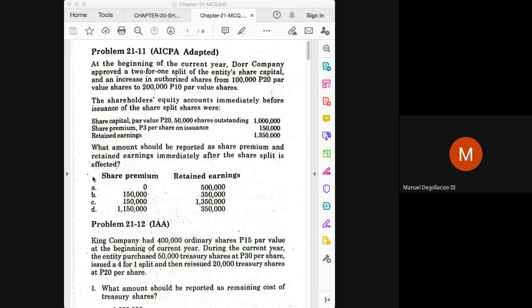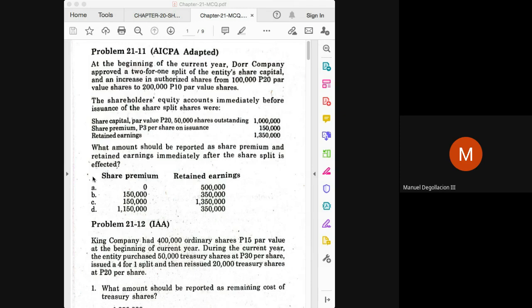Previously, our authorized shares were only 100,000 with a par value of 20, but after splitting it up 2-for-1, total authorized shares would now be 200,000, but the par value per share would now just be 10 pesos. Okay. And we're given the balances immediately before the stock split, and we are asked how much would be the balance of your share premium and retained earnings immediately after the share split or the stock split.